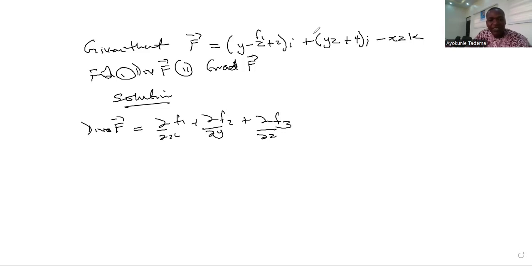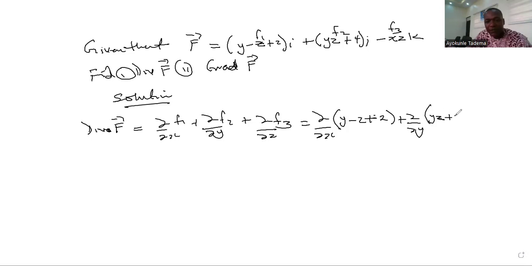These are F1, F2, and F3. Meaning that from here, this is simply ∂/∂x of y minus z plus 2, plus ∂/∂y of yz plus 4, plus ∂/∂z of minus xz.